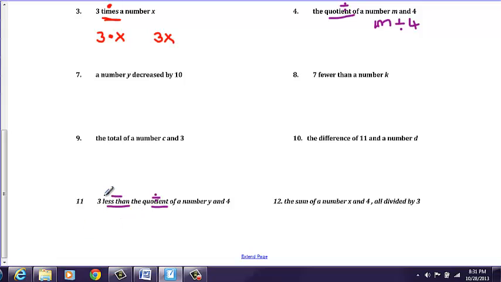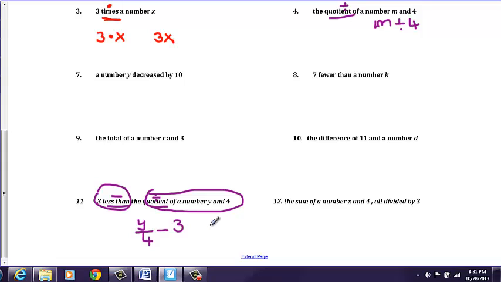Now I can see from this that there are 2 parts. 3 is less than, and the other one is quotient of a number y and 4. So let me go ahead and write y over 4, the quotient. Let's take away the 3 from it. Now there's another way to do it.